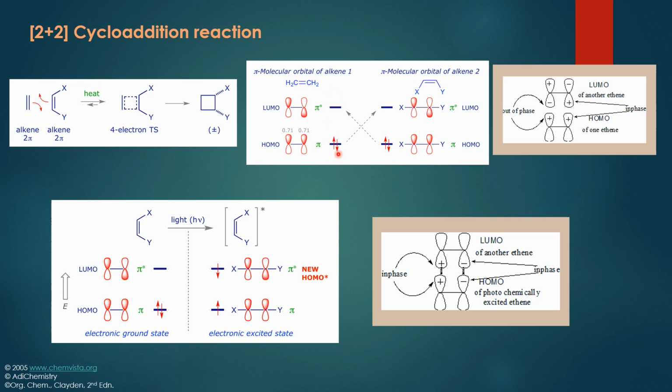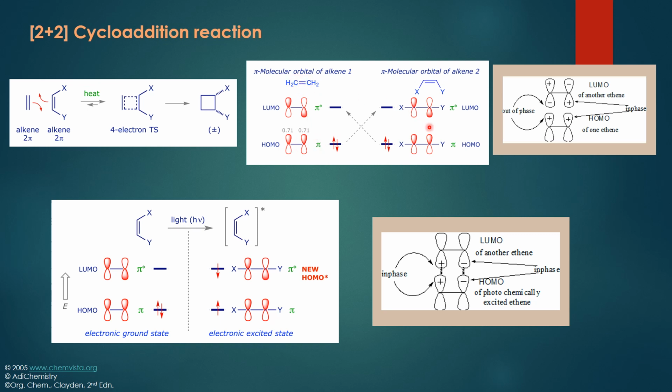Thus this pi molecular orbital forms the HOMO. HOMO means highest occupied molecular orbital, above which there is no electron. Therefore the pi star orbital is the lowest unoccupied molecular orbital, with no electrons, so this becomes LUMO, and this becomes HOMO for this alkene.